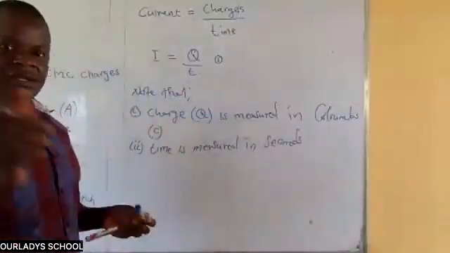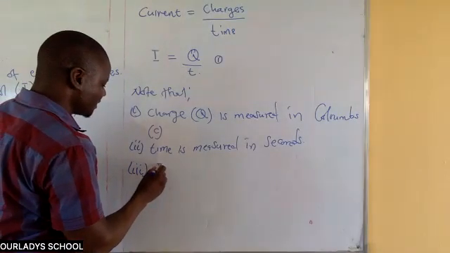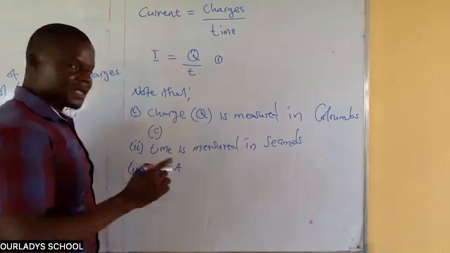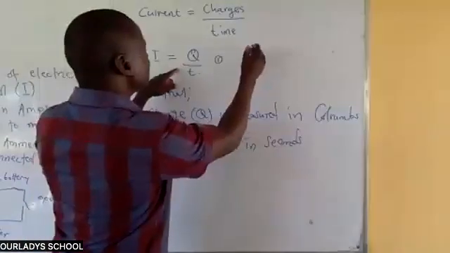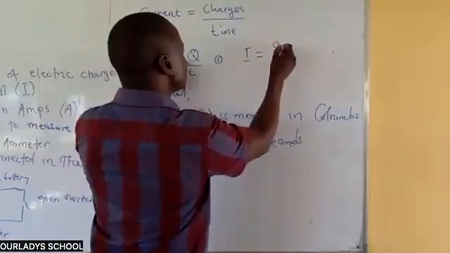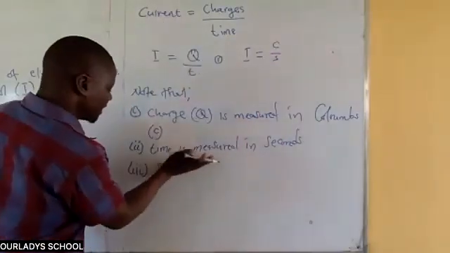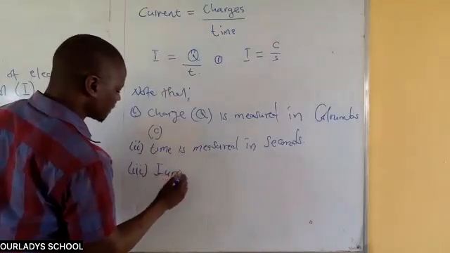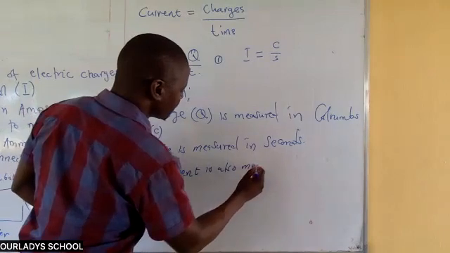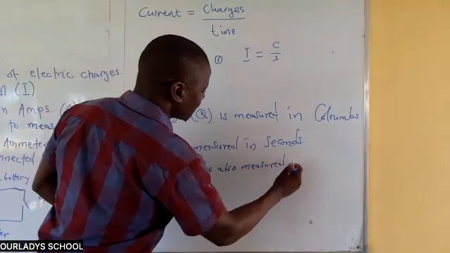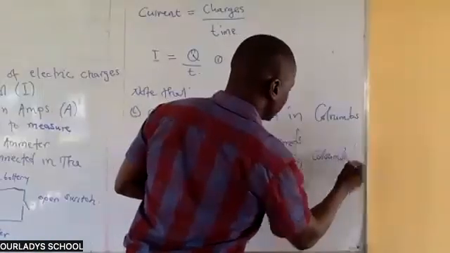Therefore, number three, other than current being measured in amps, the other unit that you can have for current, because we are saying current is equal to charge, measured in coulombs, over time, measured in seconds, is coulombs per second.